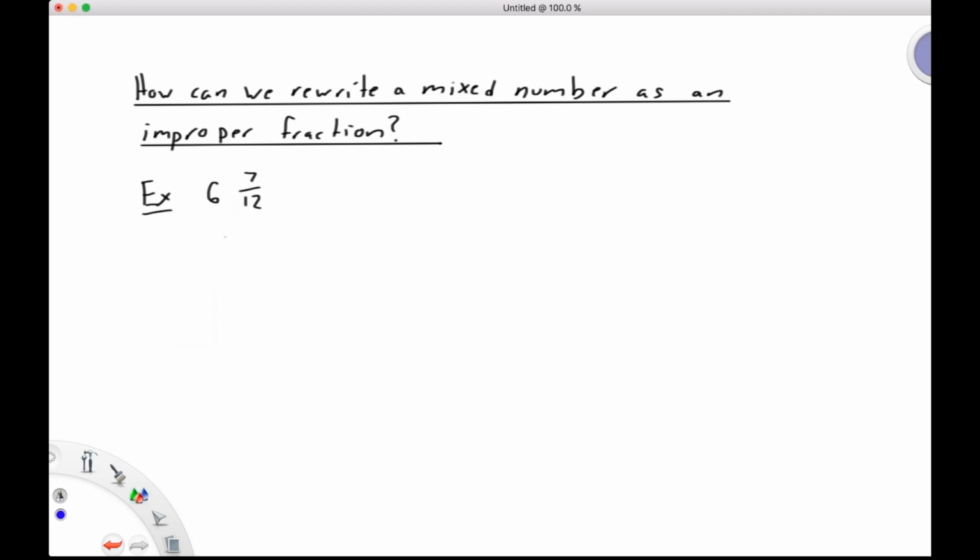If we want to figure out how many twelfths we have, right, how many of those pieces, when we break our whole up into 12 pieces, that we'll have, we have 6 wholes, so that's 6 groups of 12, or 6 times 12, plus the additional 7 that we have over here, which will give us a total of 6 times 12, or 72, plus 7, which is equal to 79 twelfths. And so we'll say in conclusion that 6 and 7 twelfths is equal to 79 twelfths.